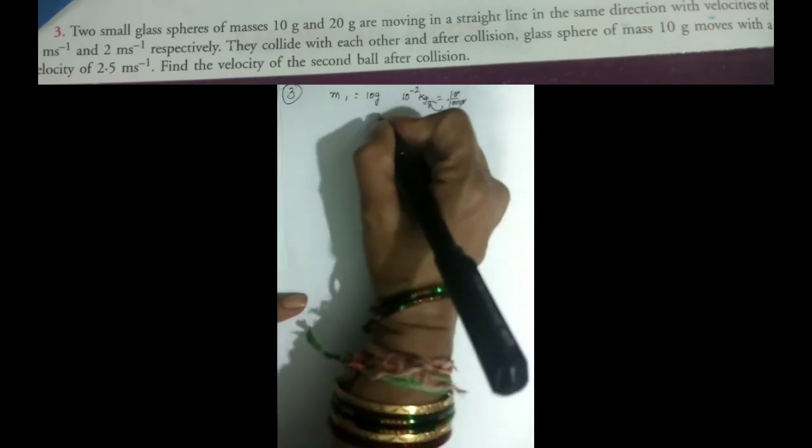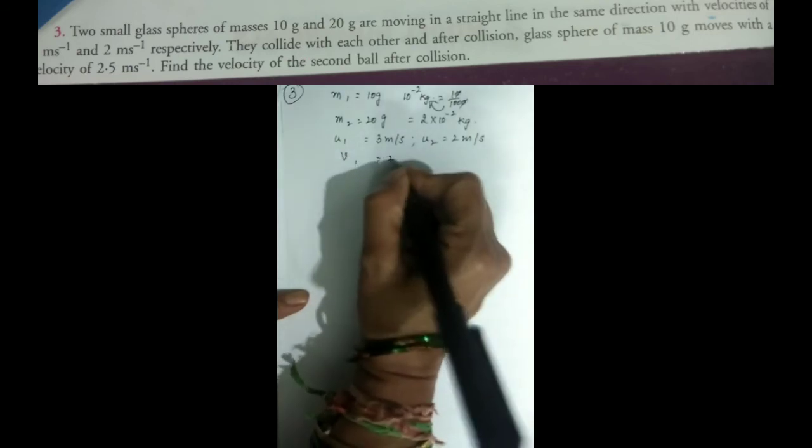That is how it came, 10 by 1000. m2 is equal to 20 grams, that is equal to 2 into 10 to the power of minus 2 kg. u1 is given as 3 meters per second, u2 is equal to 2 meters per second. Then v1 is equal to 2.5 meters per second. v2 is equal to how much?